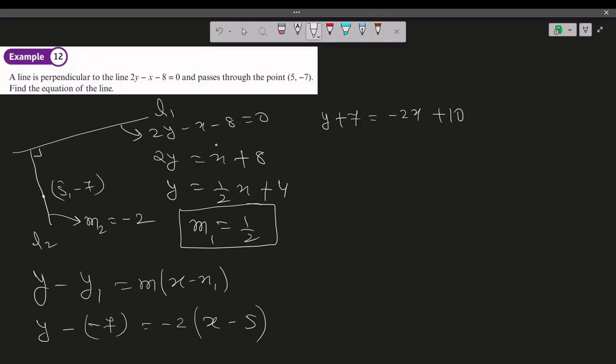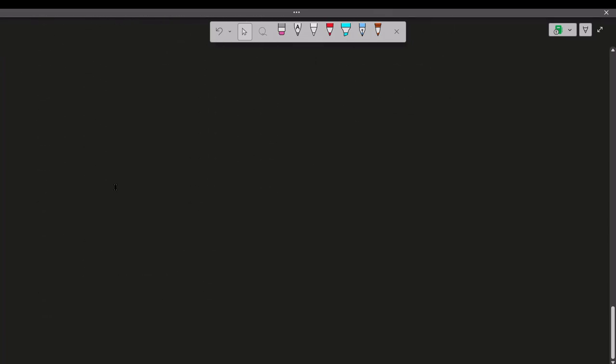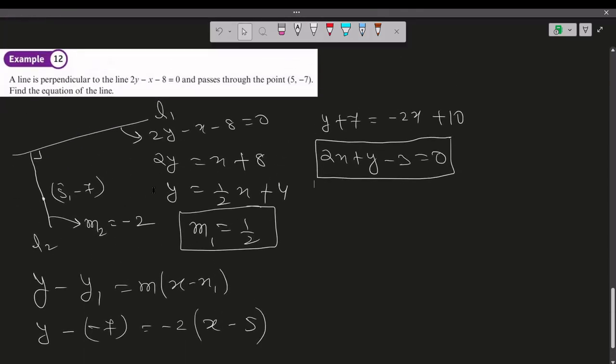Let us see it this way: 2x plus y plus 7 minus 10 equals 0, that is 2x plus y minus 3 equals 0. Yes, this is the equation of line L2. Here we used the property that if two lines are perpendicular, the product of their gradients is minus 1. Okay, so this is about parallel and perpendicular lines.